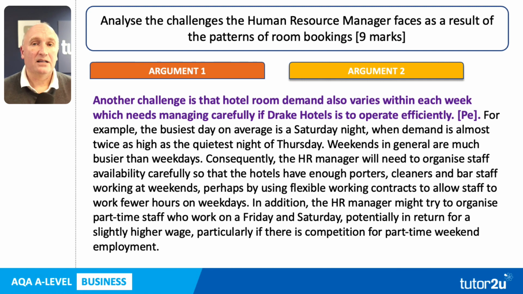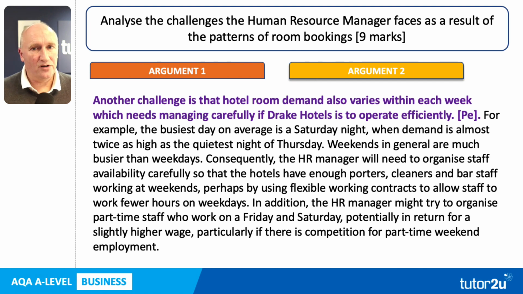In addition, the HR manager might try to organize part-time staff who work on a Friday and Saturday, potentially in reward for a slightly higher wage, particularly if there is competition for part-time weekend employment.